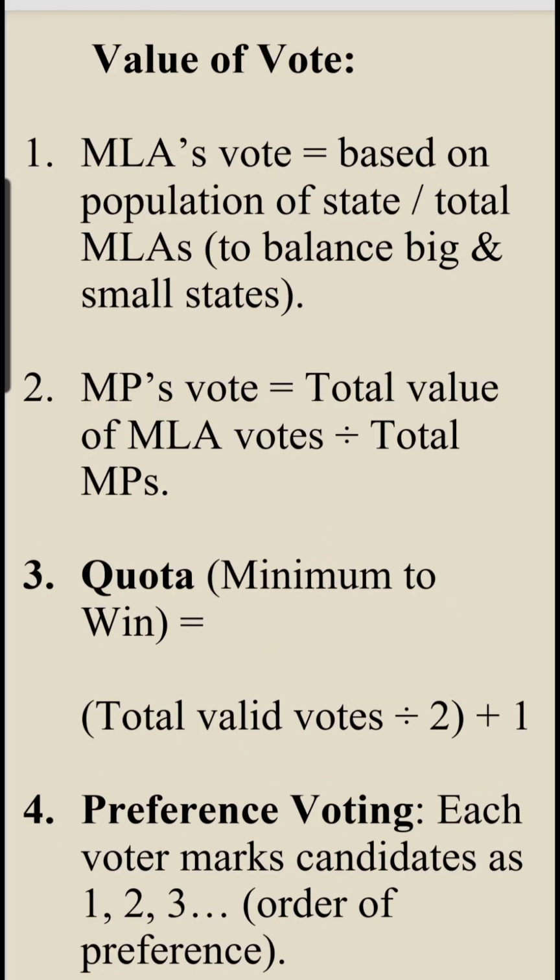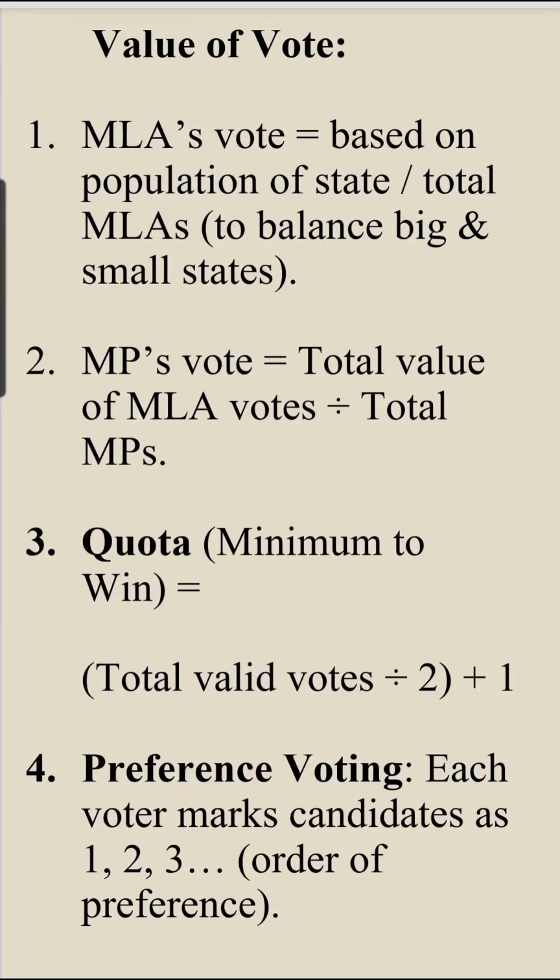Because MLAs and MPs represent their respective constituencies, we must know the value of the vote of one MLA, and then we can find out the value of the votes of all MLAs. And the value of the vote of MPs is found by dividing the total value of votes of MLAs by the number of total elected MPs.